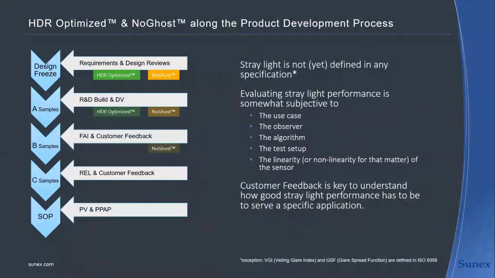And the classic example is, what's better, a dim spread out ghost or a very, very tiny but exceptionally bright ghost? Depending on the application, it might be one or the other. So it's very difficult to say a ghost this big is failing or a ghost this bright is failing, because sometimes it might be big, but it's not objectionable. In other cases, if it's very isolated and small, even if it's very bright, it might not be objectionable.